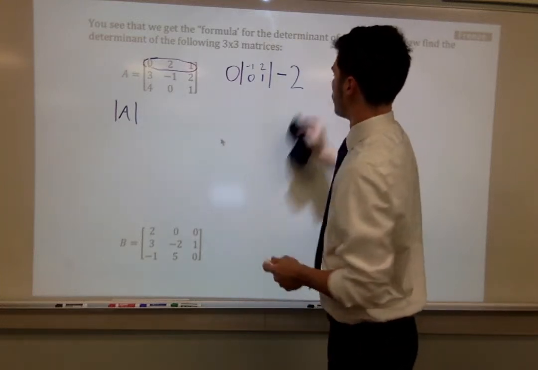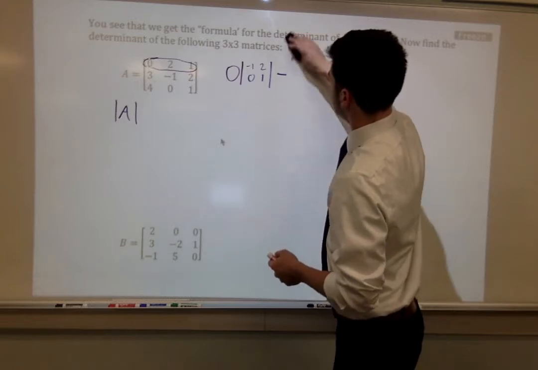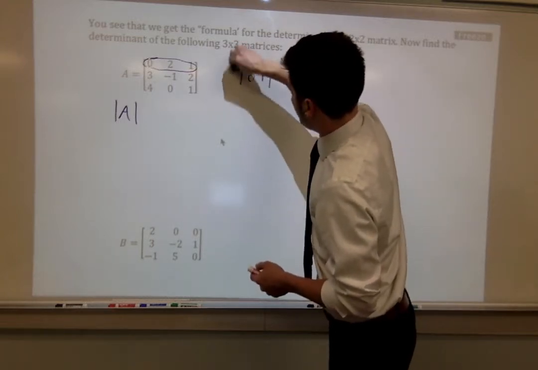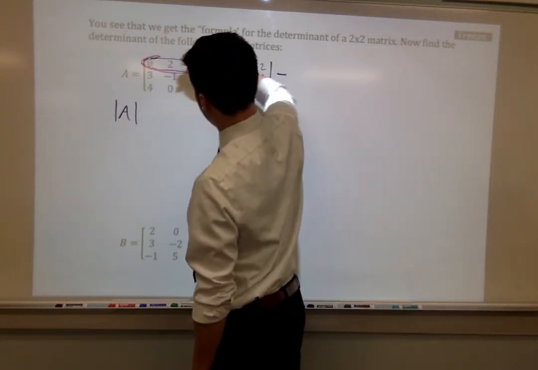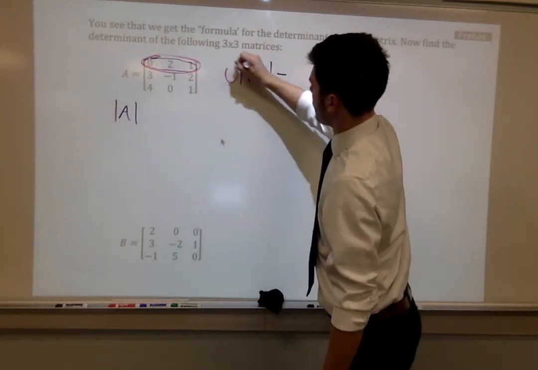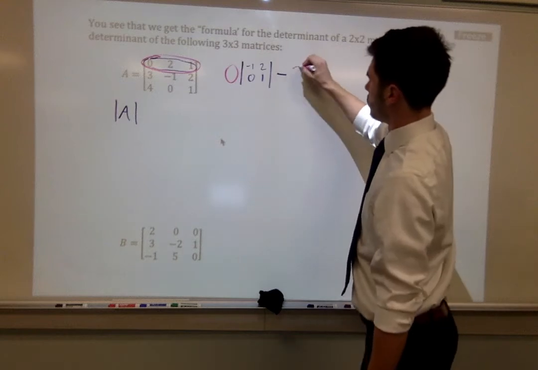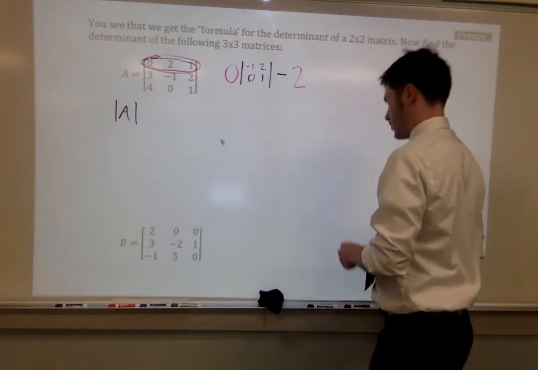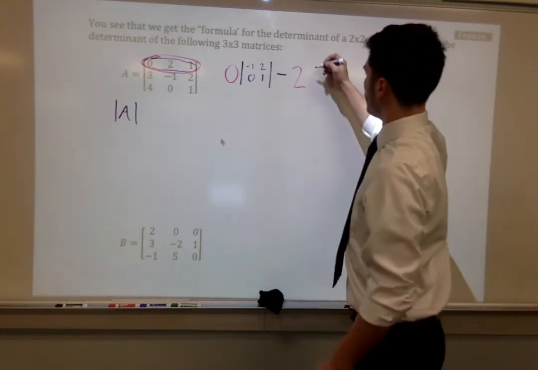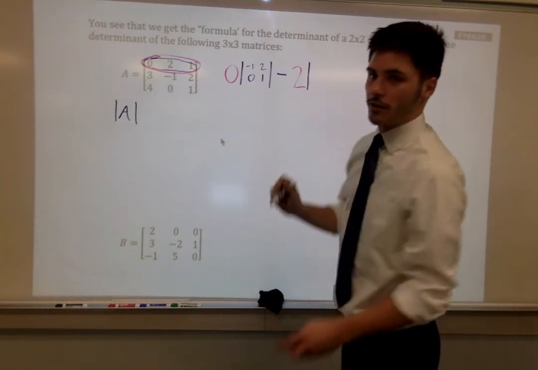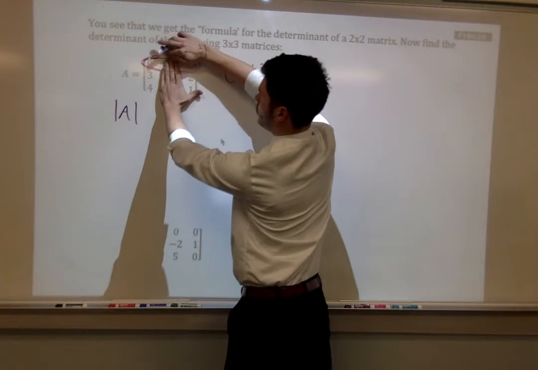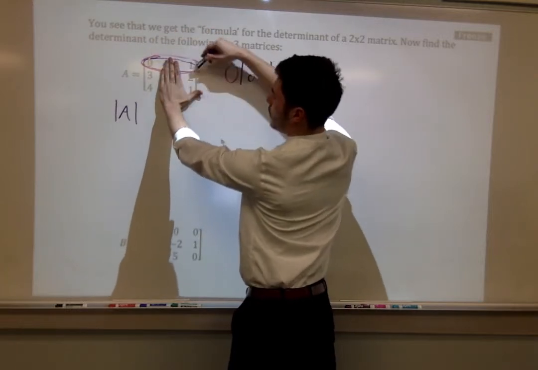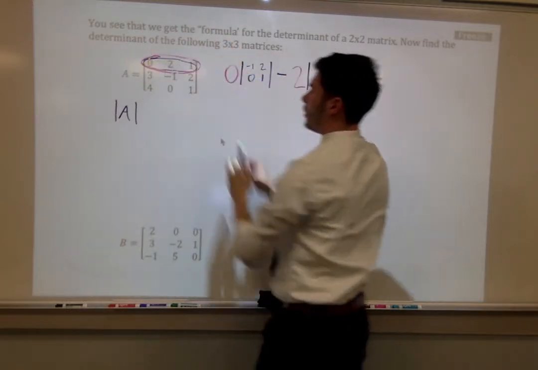Here, you know what? I'll color code them. That's where we get the 0. That's where we get the 2. And our matrix with 2 that we've got to find the determinant of is going to be, we cross out the row and the column, you get 3, 2, 4, 1.